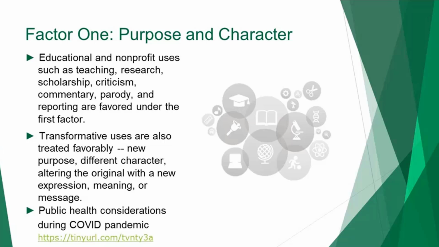Another similar case involved a book about the Grateful Dead, which used little thumbnails of concert posters in a timeline about the band. There the purpose of the use was transformative because it was giving a history of the band rather than the purpose of the original posters, which was to advertise the concerts. So those are just a few examples of how courts have looked at that transformative piece of the first factor.